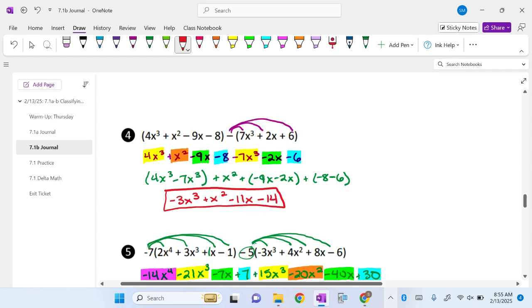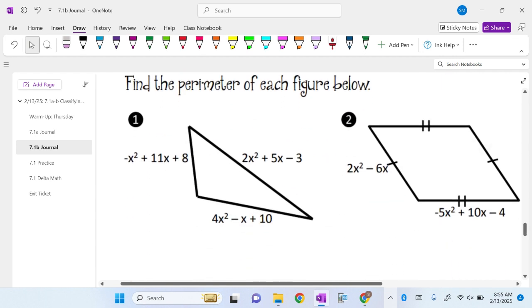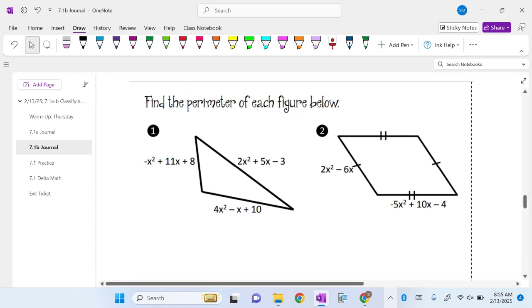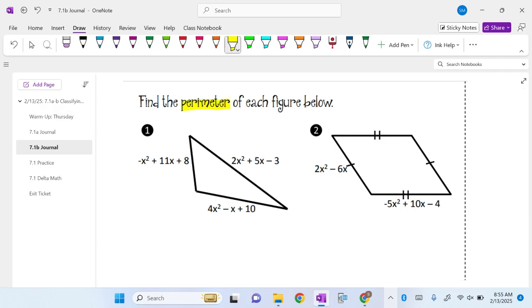All right, the very last thing that we're going to do is some geometric applications of combining like terms. And the geometric application here is through perimeter. So when you hear the word perimeter, what does that mean? Add all the sides.